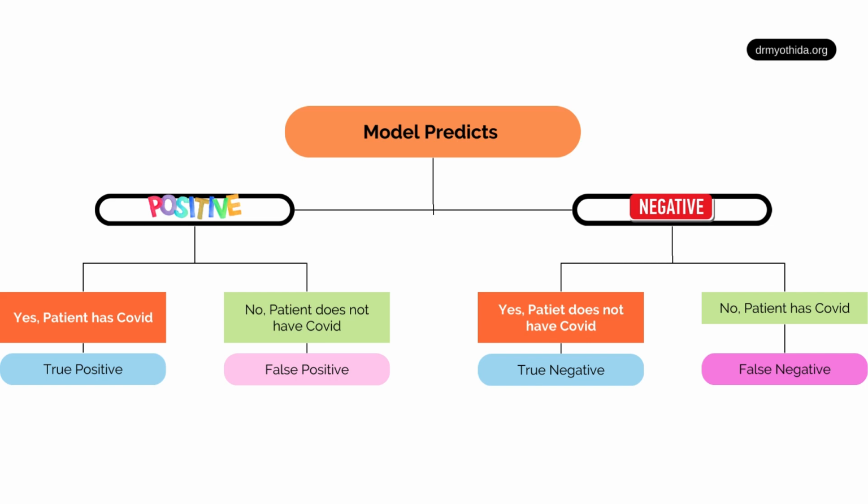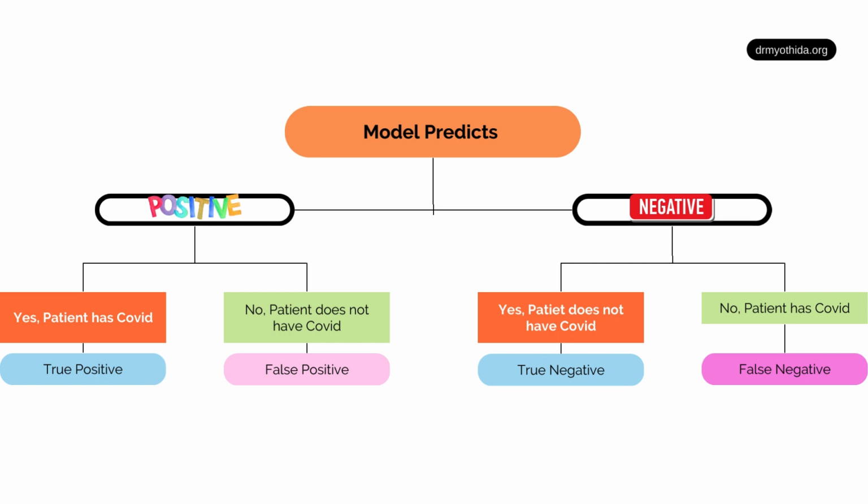The cases that our model predicts as positive can lead to two things. One is, yes, the patient has COVID, and our model also predicts positive. Since this positive prediction is correct, it is called a true positive, on the leftmost side.